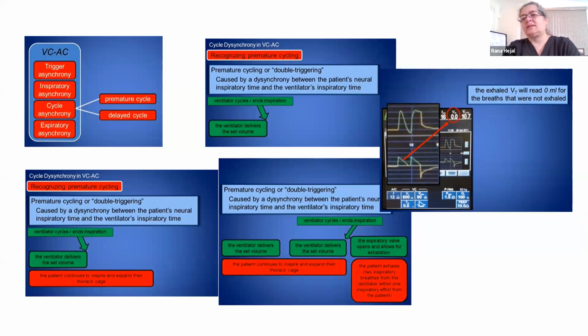But on the ventilator it has been associated with a vagal tone, a vagal reflex that occurs. So when people are really, really heavily sedated, not paralyzed, heavily sedated, they tend to do this. The difference between it and double triggering is that you often see it cyclic, not as random as with double triggering.